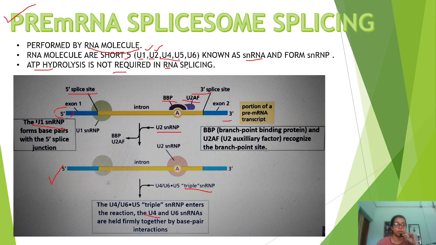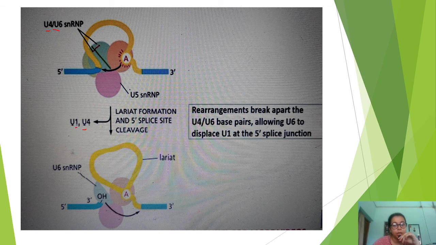After U4, U6 and U5 come, U4 and U6 binding takes place strongly. Then in the next step, due to the rearrangement of U4 and U6, the U4 is removed, and U1 is also removed along with it.